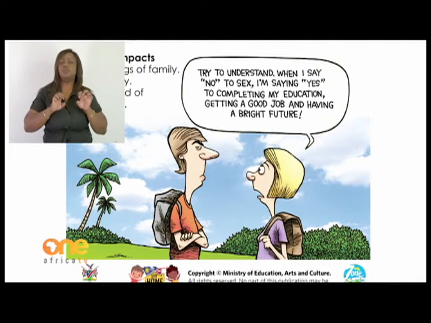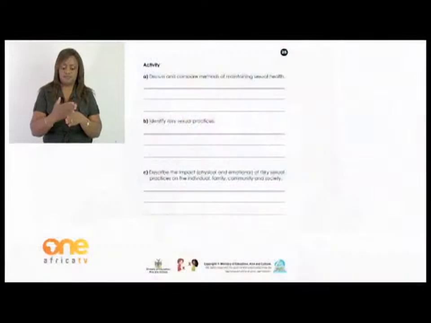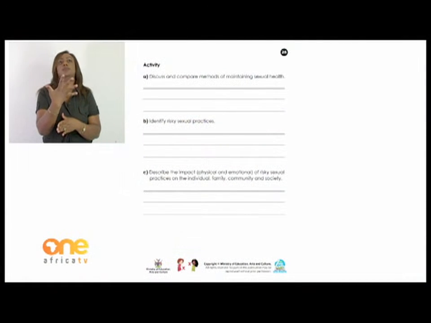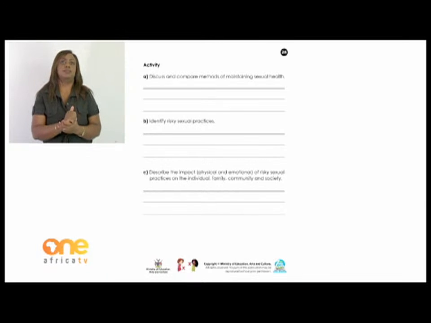Okay? So you should be able to do this activity on page 25. Quickly go to page 25 so that we can look at this activity. A, discuss and compare methods of maintaining sexual health.